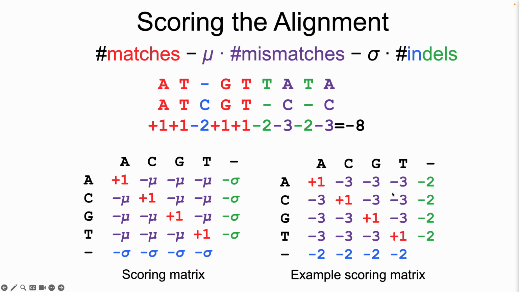So in this case, we're scoring mismatches between nucleotides slightly more strongly than we're penalizing the indels. But that's just one example, okay? And if you applied this scoring matrix to this sequence, you would get a score of -8, okay?